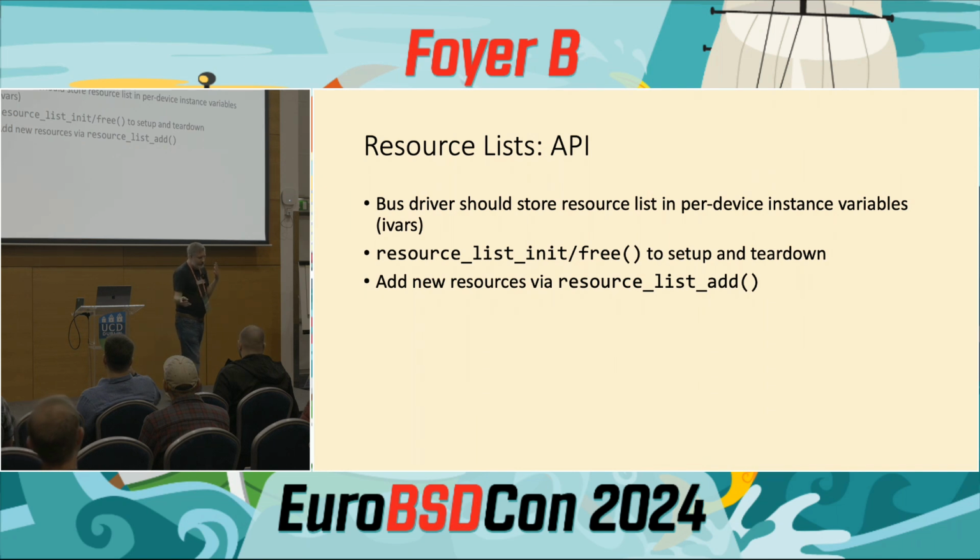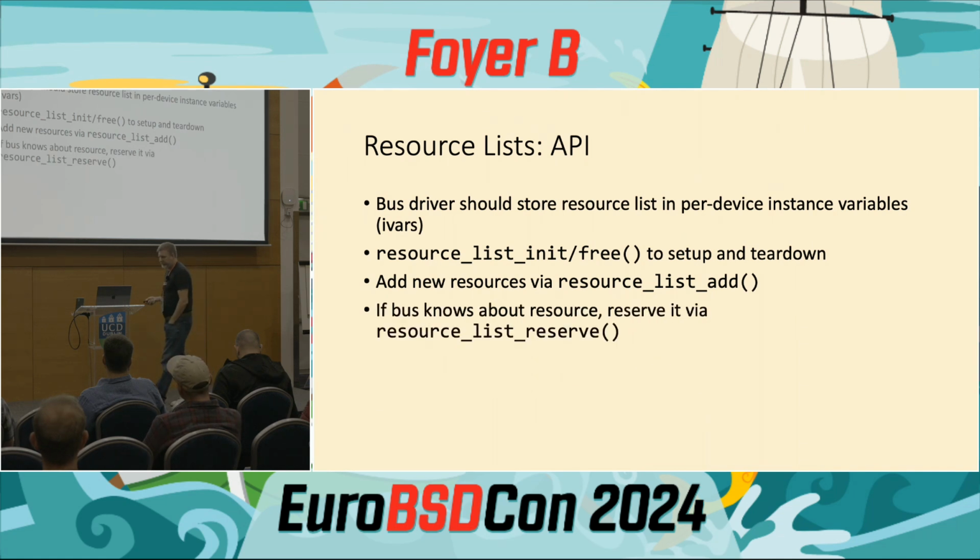As you're enumerating resources as a bus driver, for example PCI, if you're walking all the BARs and sizing them and figuring out how big they are, you can use resource_list_add to add entries to the list. And if you need to reserve them, like I mentioned PCI can do, there's resource_list_reserve for that.